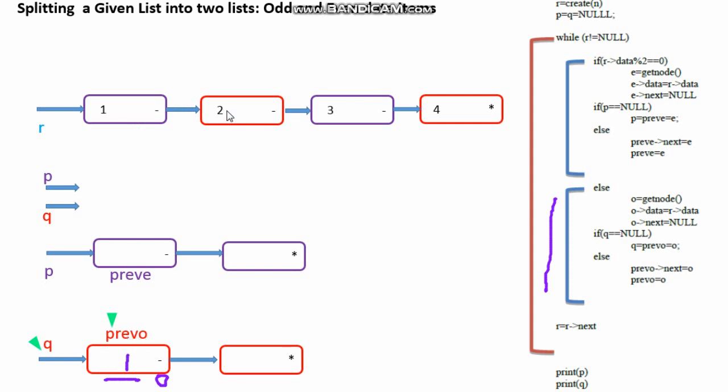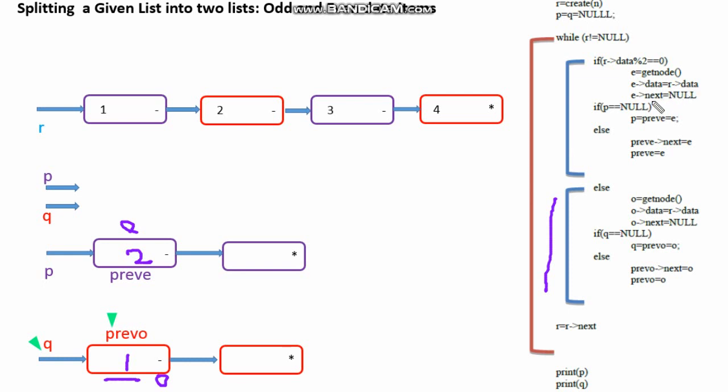So this item is created, this is how it remains. Now it comes here, now this is even. When I find modulus with this, R of data mod 2 equal to 0, yes. So again, similarly, this is my E that will be created here, equal to get node E of data, R of data, so the value 2 will be copied, 2 is taken there.